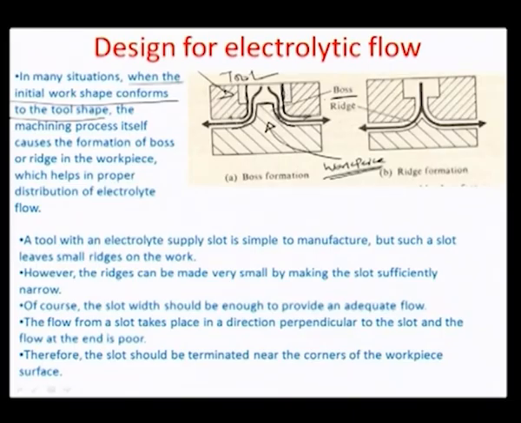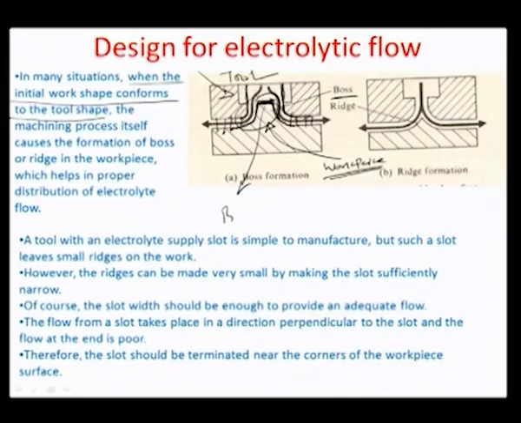Okay. So, what will it result in? If such a ridge or a boss comes in the path of the flow, the first obvious reaction that a designer would have is to somehow remove it, or make it non-aligned. Otherwise, if the flow keeps on continuing here, the boss shape would remain, because there is no electric field which is actually trying to remove or dissolve away this boss, because the electric field happens between the tool and the workpiece here, and this zone is far away from the electric field.